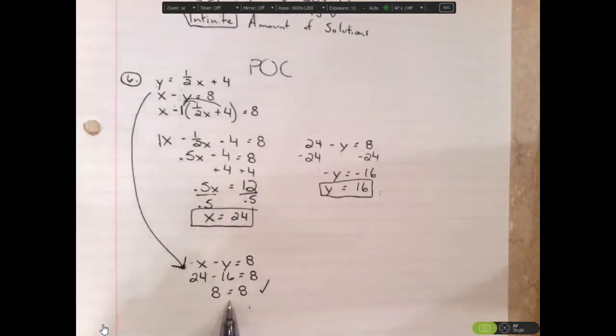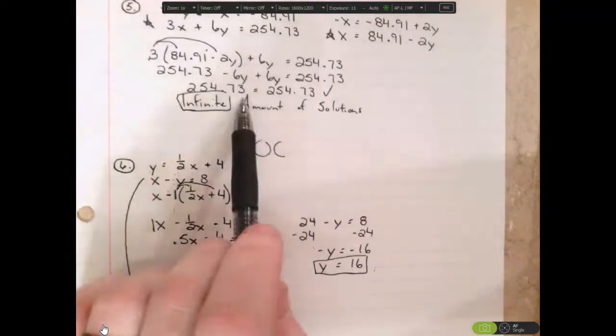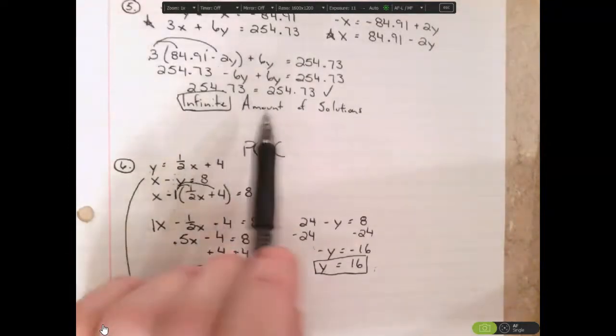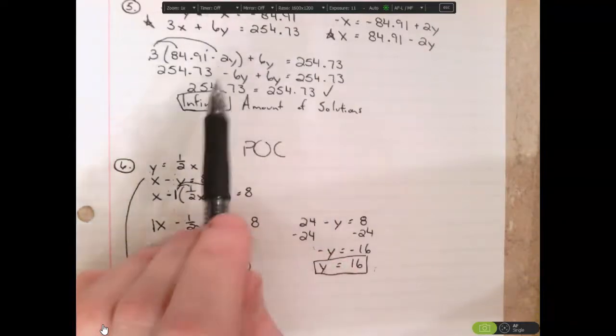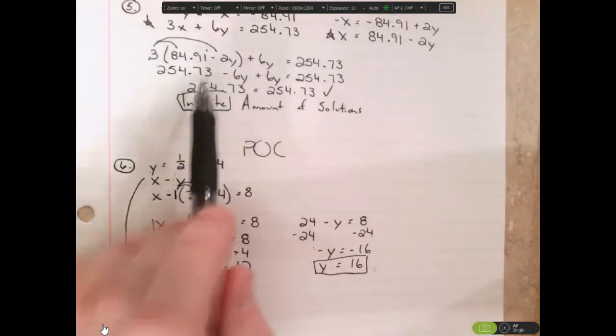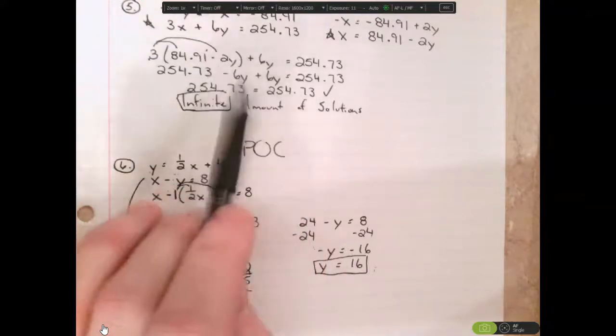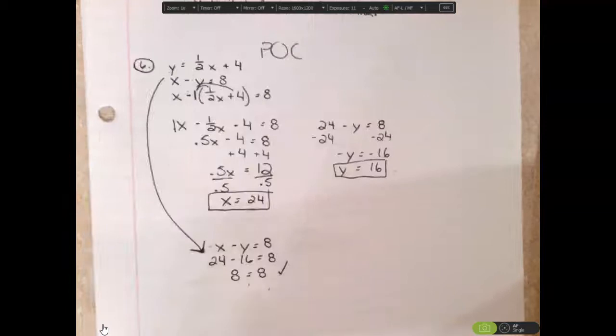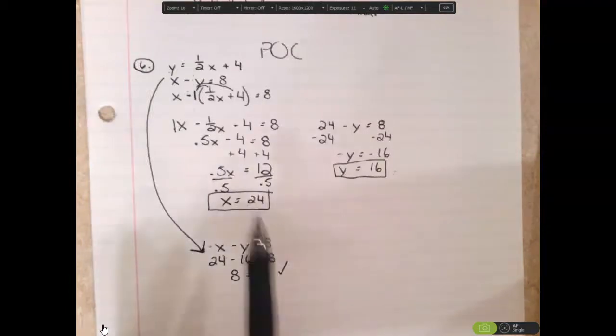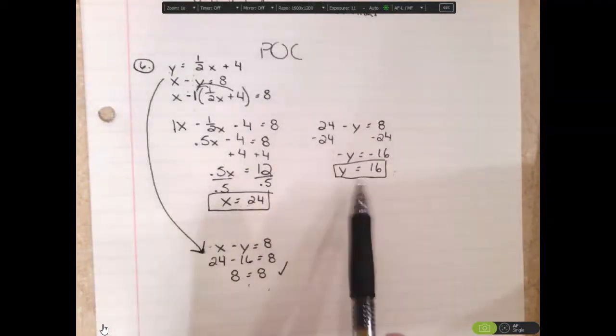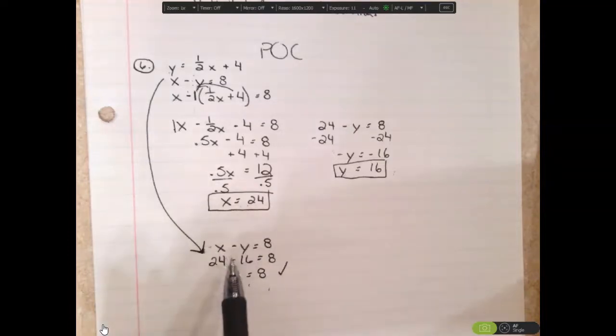Do not confuse this part, 8 equals 8, with the part up here with the infinite amount of solutions. The infinite part was when we went through and solved and the 2 sides equaled and your variable canceled out. The 8 equals 8 on the bottom was once we had solved for x and y and plugged them back in.